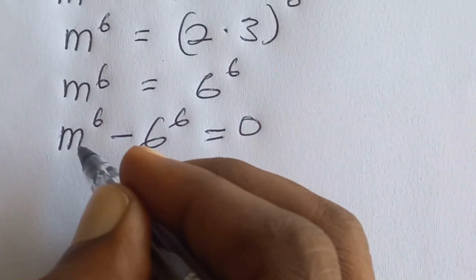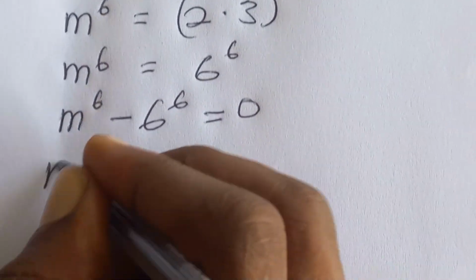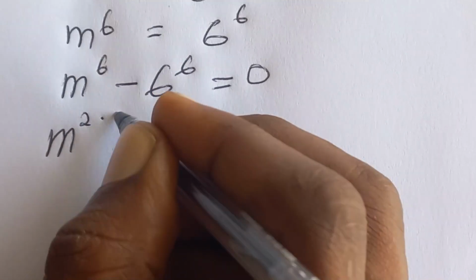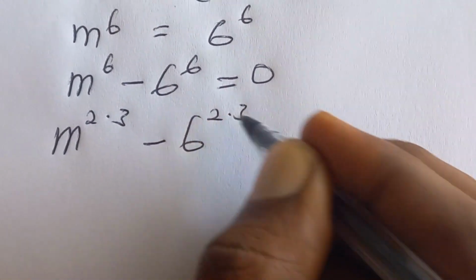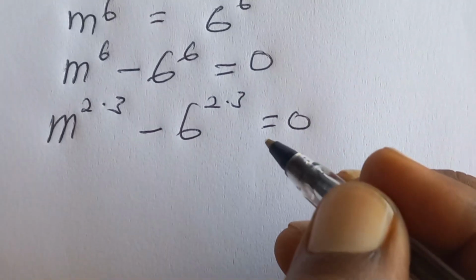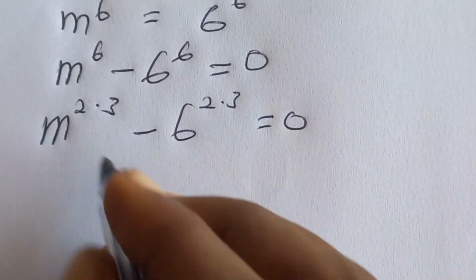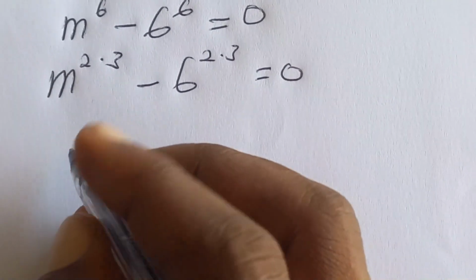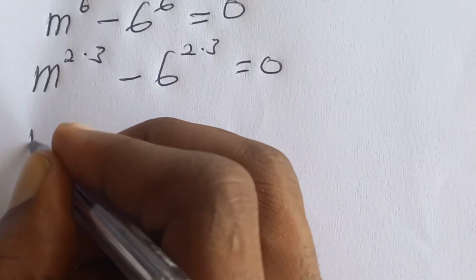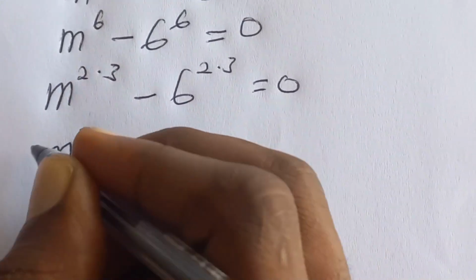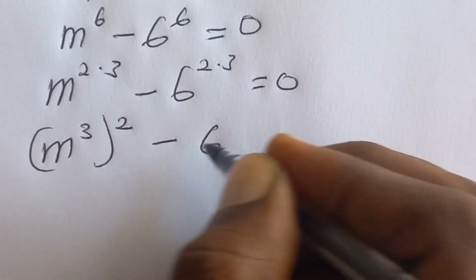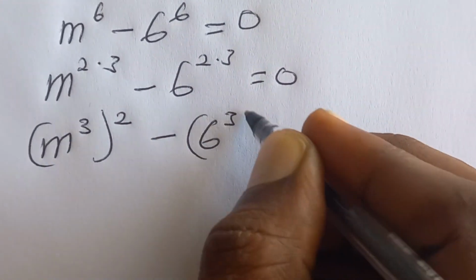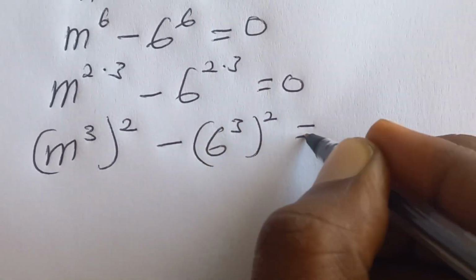Now this one we can express as m^(2 multiplied by 3) minus 6^(2 multiplied by 3) is equal to 0. So we can also express it as (m^3)^2 minus (6^3)^2 is equal to 0.